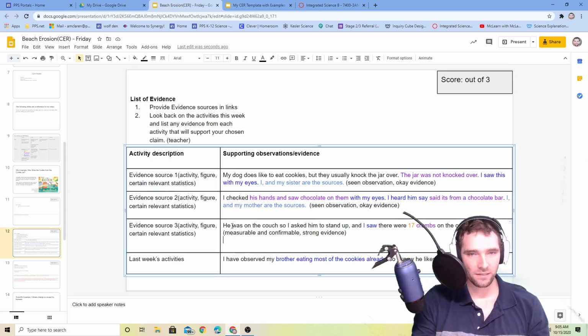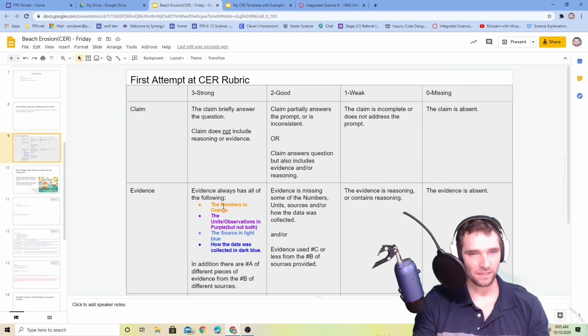So here, I saw that there were 17 crumbs on the couch cushion. And so I've got whatever the unit is in purple, the number of things, whatever that thing is, the unit. And then we got 17 crumbs, so that was orange, right? So we got orange for the unit, purple for the number.